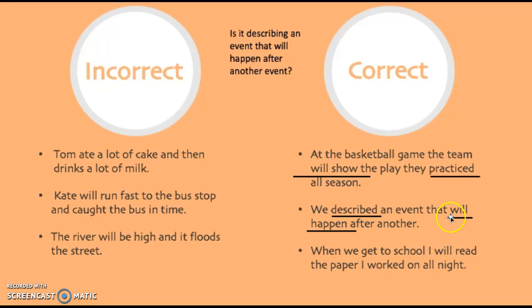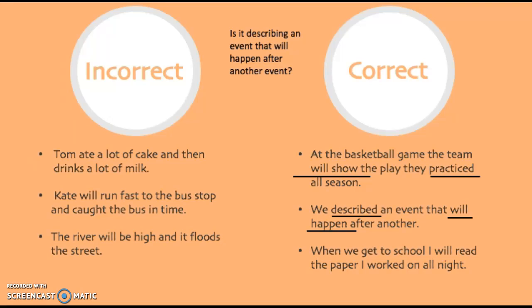So obviously will happen is an event that will happen after another event. So therefore it is describing an event that will happen after another event. So if you can't remember how it works, just by knowing the rule itself, you can literally see it in the translation.